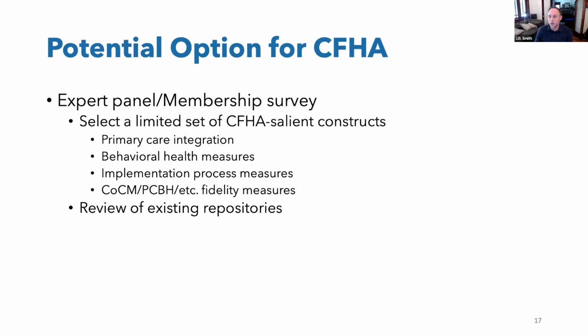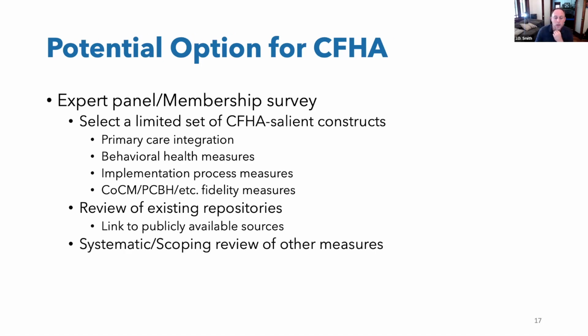A team would possibly have to look at a handful of the more easily accessible, publicly available repositories to say, okay, people wanted brief measures of depression, but PhenX and other places have that, so we can just direct people there. That would require linking to publicly available sources that people don't have to pay for, of course. Most of these are funded by NIH or other places like the National Academy of Medicine, so they are fully publicly available.